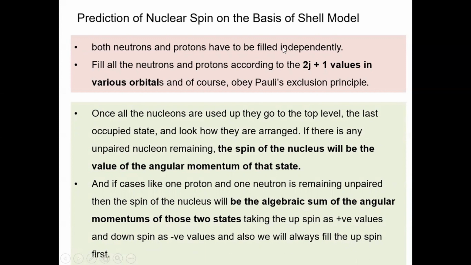So the shell model with this idea fills the shells obeying Pauli exclusion principle for the protons, Pauli exclusion principle for the neutrons, and we get shells filled and we get the nuclear spin.